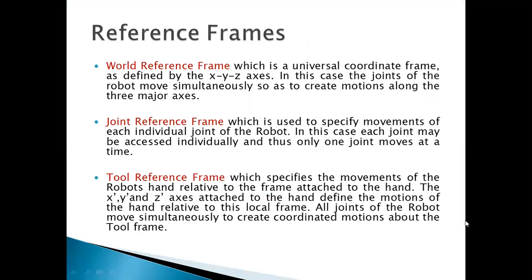Now in this slide we will discuss the reference frame. There are basically three reference frames which are important to understand: the world reference frame, the joint reference frame, and the tool reference frame. Let us try to understand the meaning of a reference frame. Suppose you are sitting in a room on a chair.